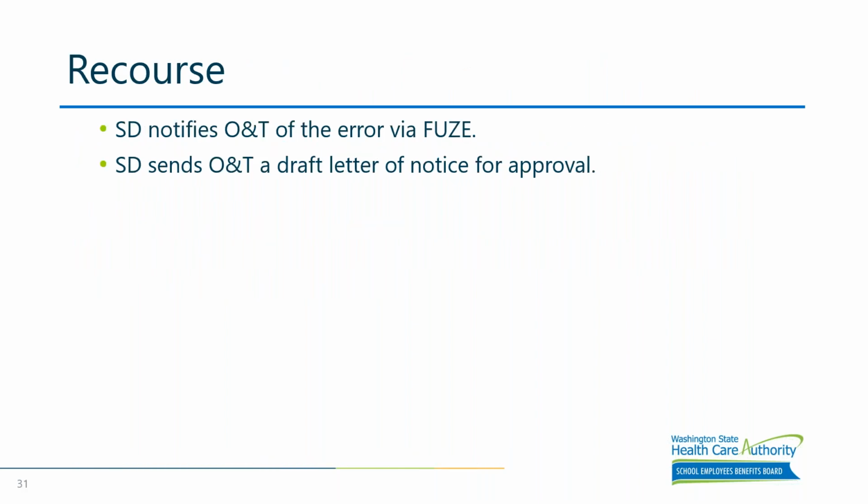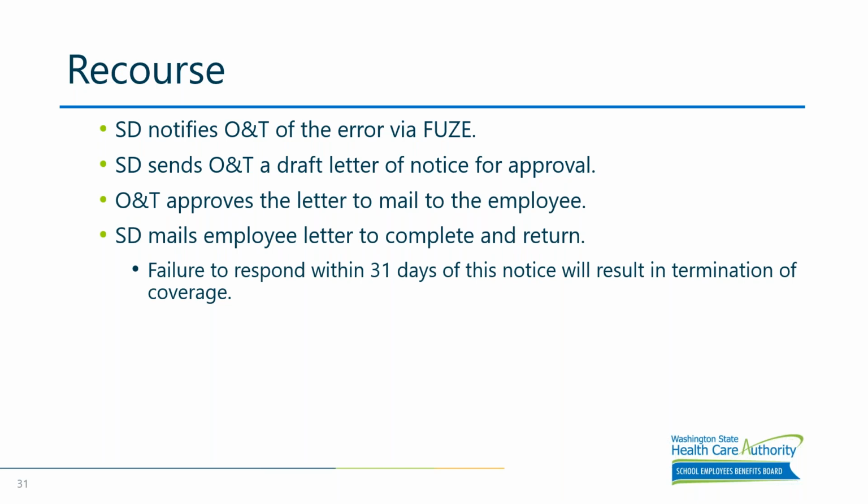So the recourse would be for the school district to notify outreach and training of the error using Fuse. School district sends outreach and training a draft letter of this notice for approval. Outreach and training approves that letter to be mailed to that employee. School district mails the employee the letter to complete and return to the BA.